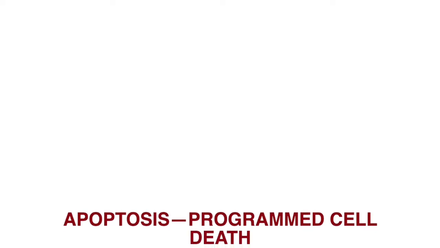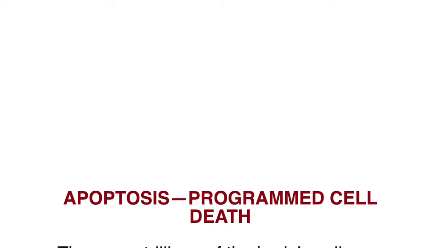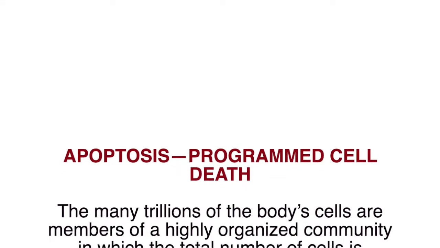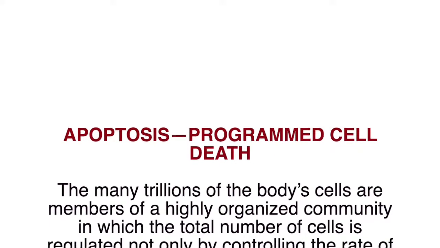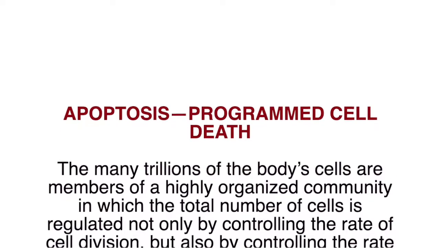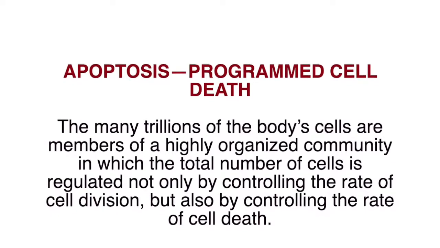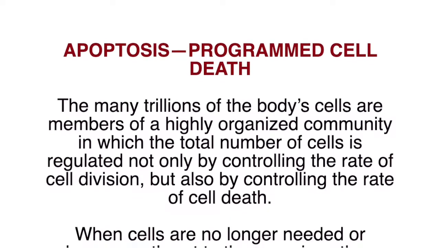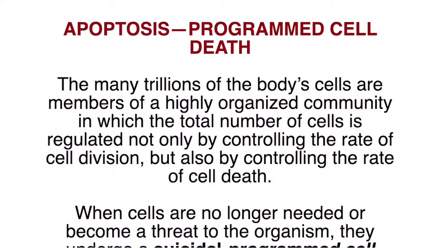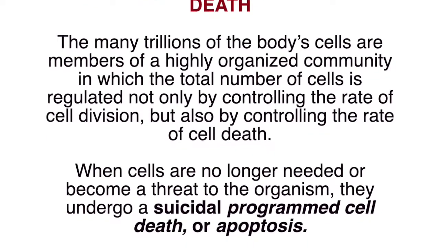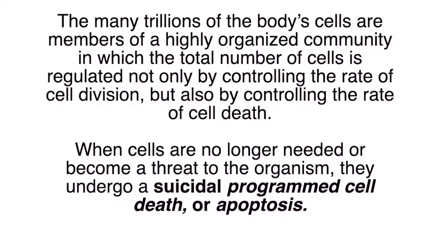Apoptosis, programmed cell death. The many trillions of the body's cells are members of a highly organized community in which the total number of cells is regulated not only by controlling the rate of cell division but also by controlling the rate of cell death. When cells are no longer needed or become a threat to the organism, they undergo a suicidal programmed cell death, or apoptosis.